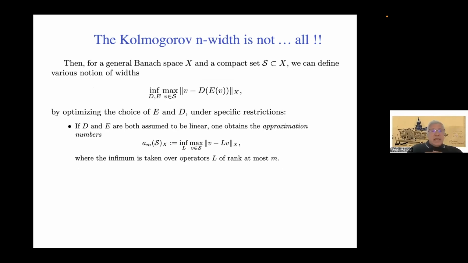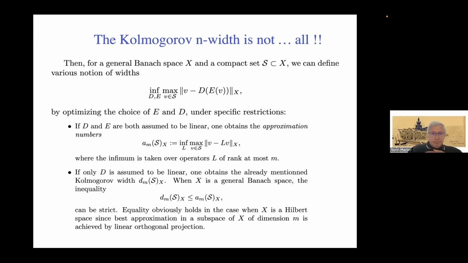If D and E are both assumed to be linear, of course, D composed with E is also linear, and then we arrive at the approximation number, which is the infimum over all linear maps of the maximum over V in the solution space of V minus LV, taken over all linear operators of rank at most equal to M. So this is quite simple.